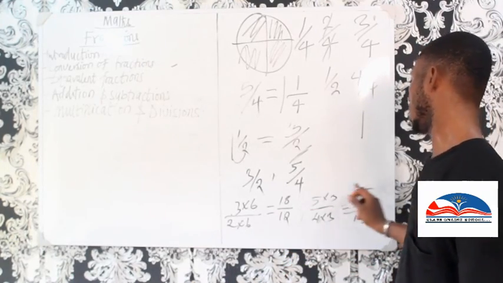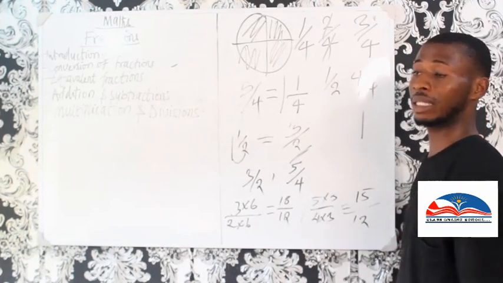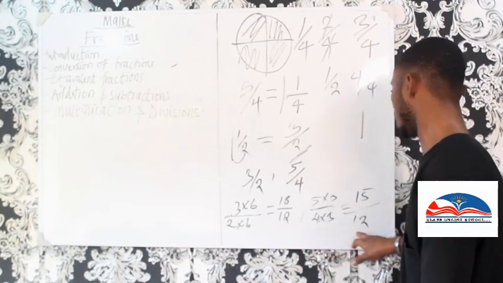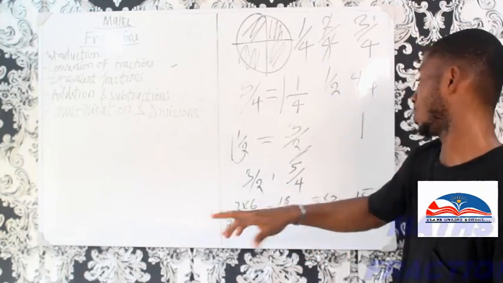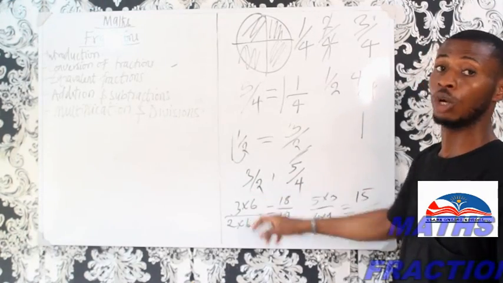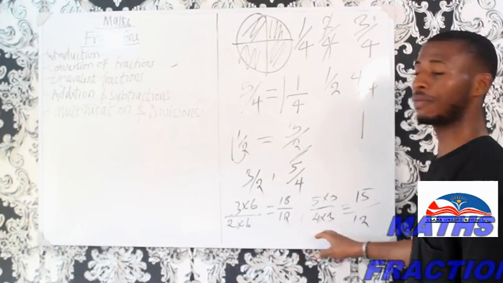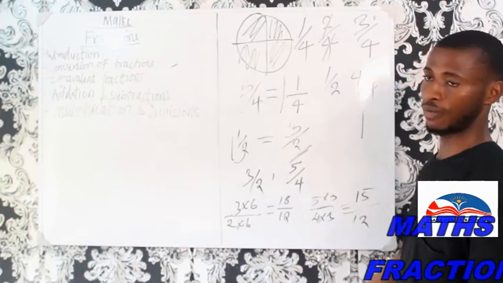Now we have them to be the same. Automatically, they have the same denominator. Right when we started, you see that they didn't have the same denominator. They had different denominators, but as it stands now, they have the same. Alright, that is equivalent fractions.